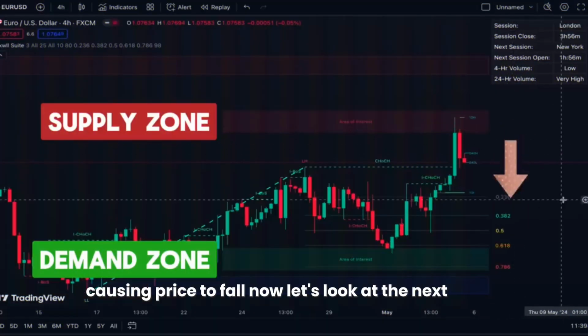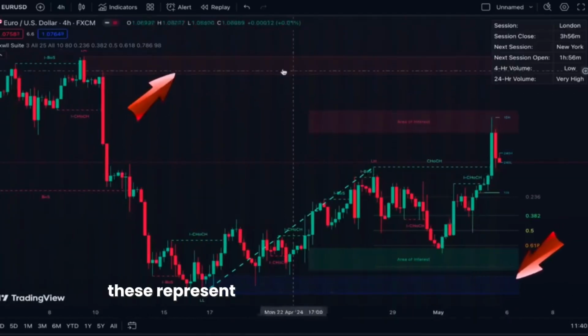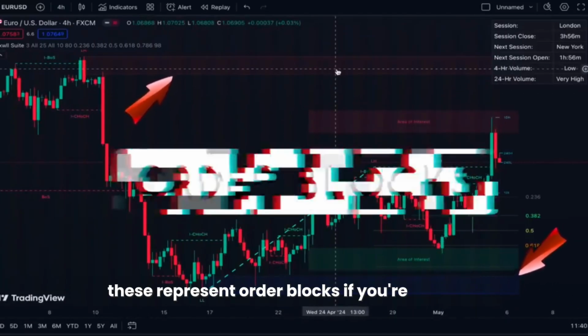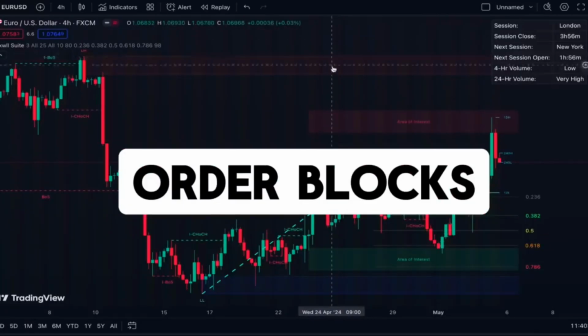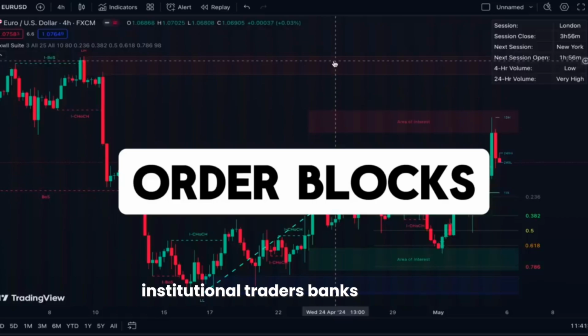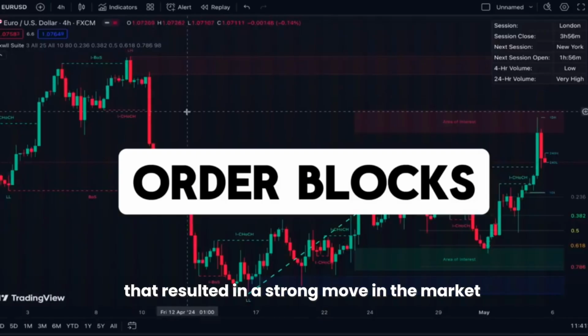Now let's look at the next element, the blue and red blocks you see on the chart. These represent order blocks. If you're unfamiliar, an order block is a price range where major players, institutional traders, banks, hedge funds, previously placed large buy or sell positions that resulted in a strong move in the market.